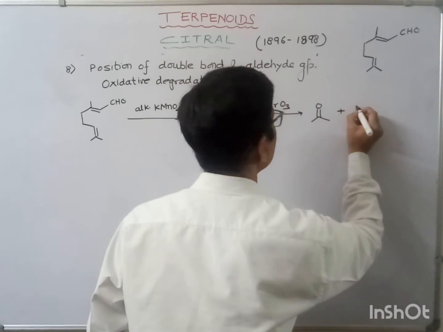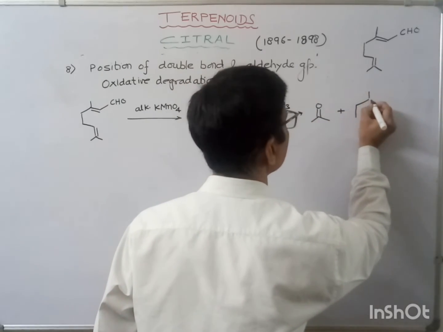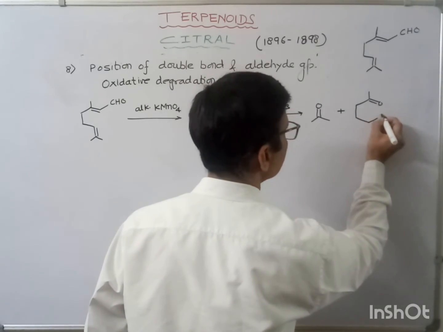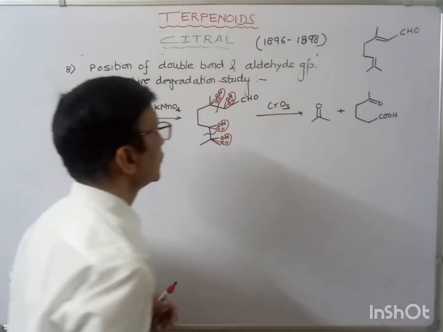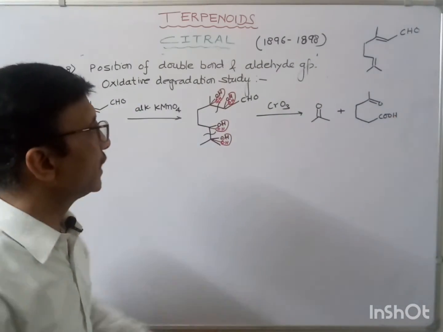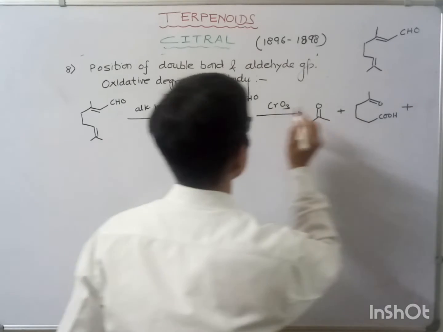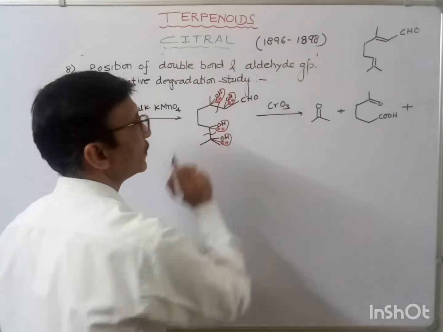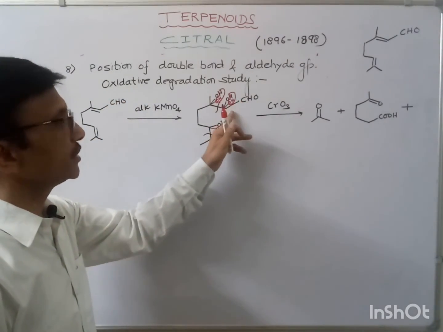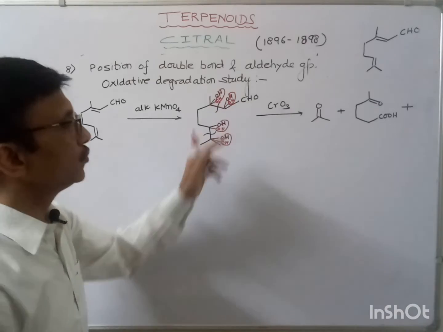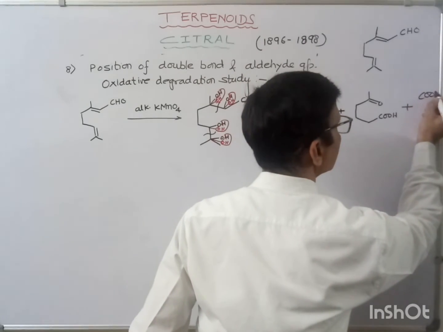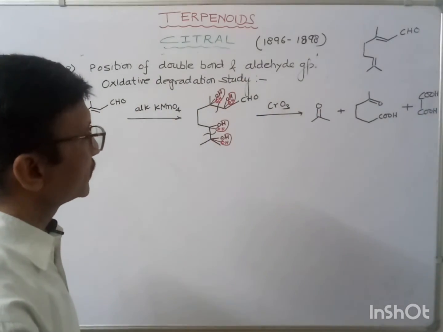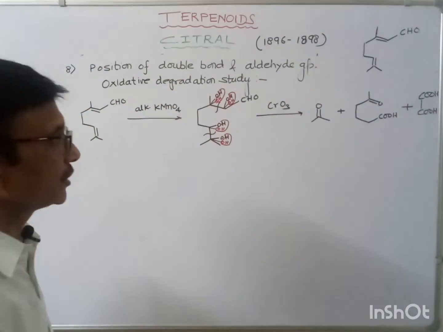Plus we will get this CHO over here, and that would be converted into COOH. Further, this CHO would be converted into COOH. So this will be the degradation product.